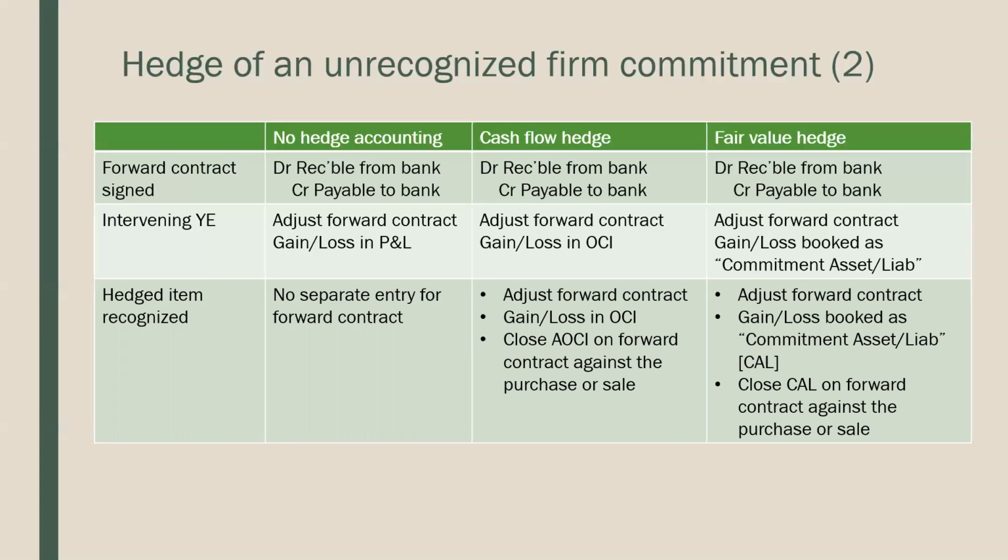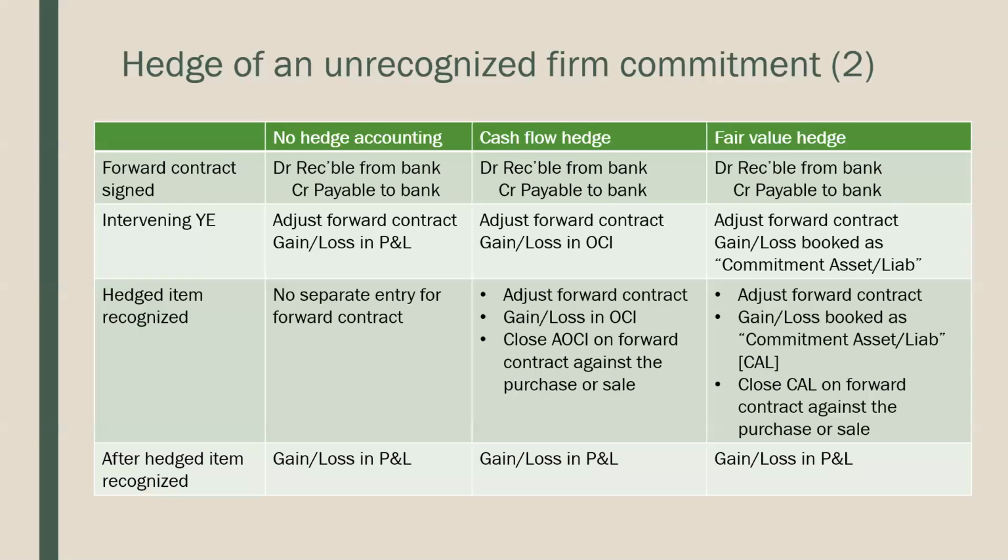And what we do is we close the accumulated other comprehensive income, or the net balance in the commitment asset liability, against the purchase or sale transaction that resulted in the hedged item of the accounts receivable or accounts payable. After this, any gains or losses on both the hedged item and the hedging instrument are recorded in profit or loss.